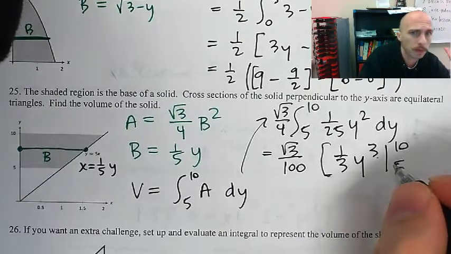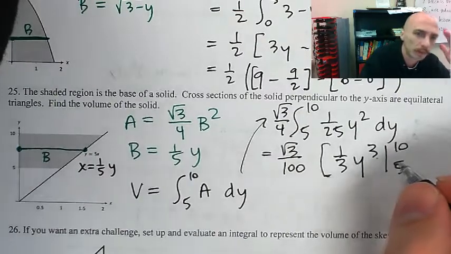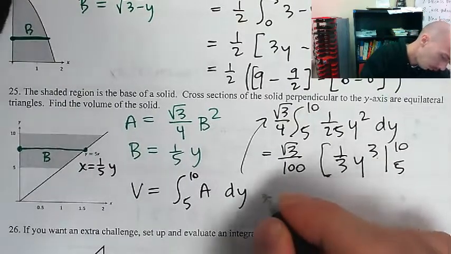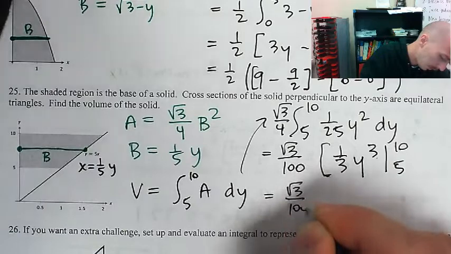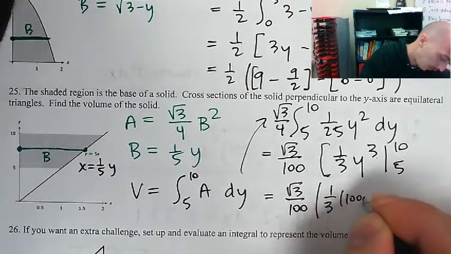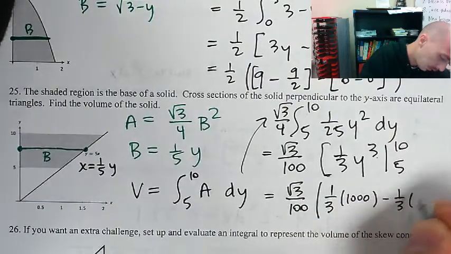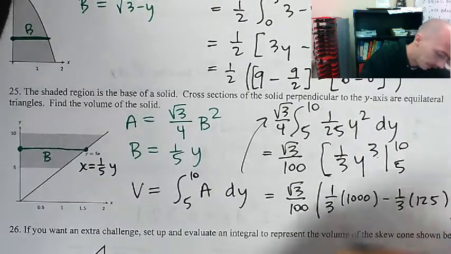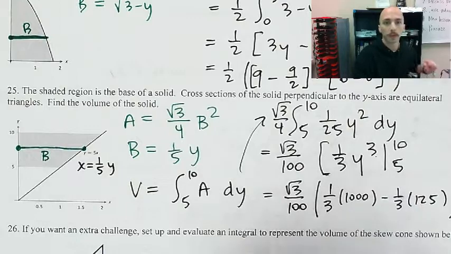Ooh, do I know 5 to the third? Yeah, it's 125. Okay, 25 times 5. Okay, so root 3 divided by 100 multiplied by 1/3 of 1,000 minus 1/3 of 125. And that's going to be good enough for our purposes here.